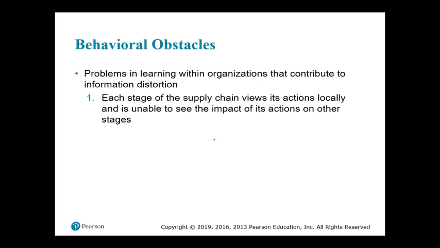Without coordination, without information sharing, it's impossible for each stage to understand the implications of their actions on the rest of the supply chain. So they tend to blame the final results on each other, without seeing that some of the consequences are actually generated by themselves. And so this will lead to a vicious cycle of one stage creating the very problems that they blame others for.